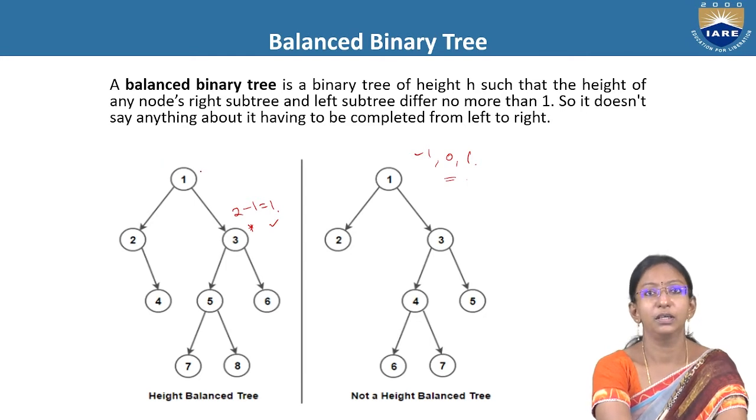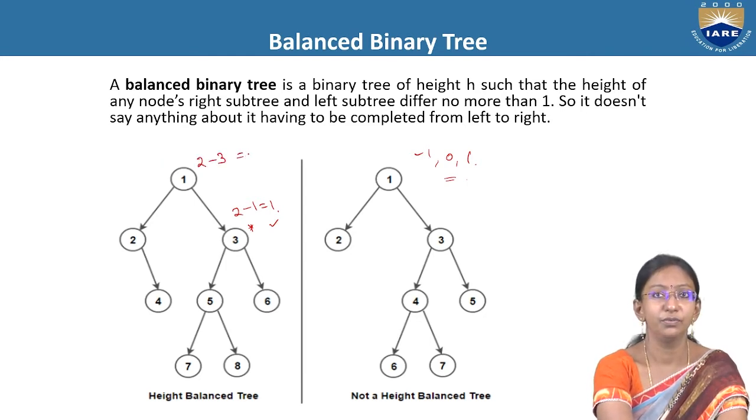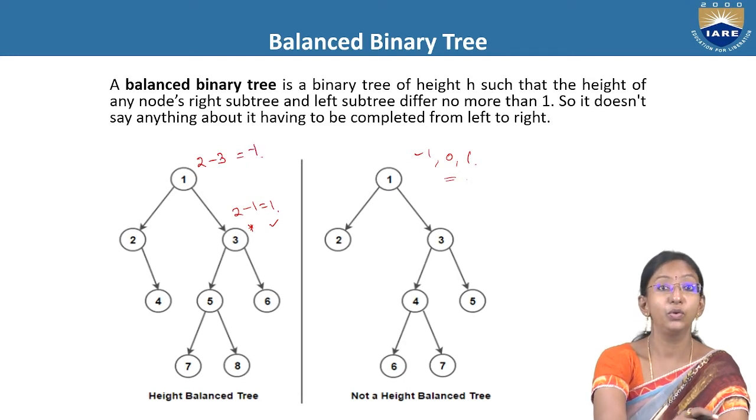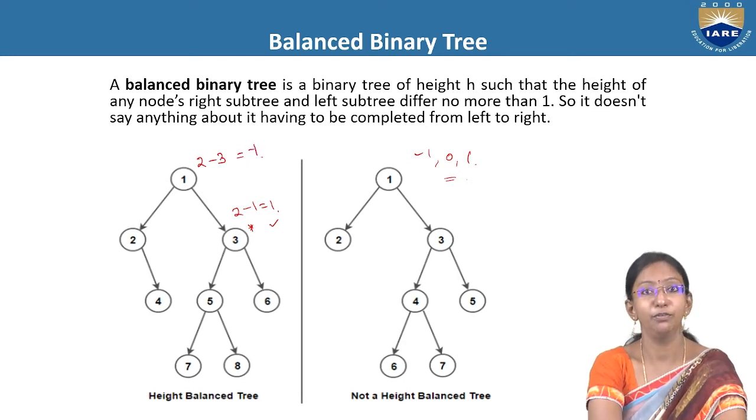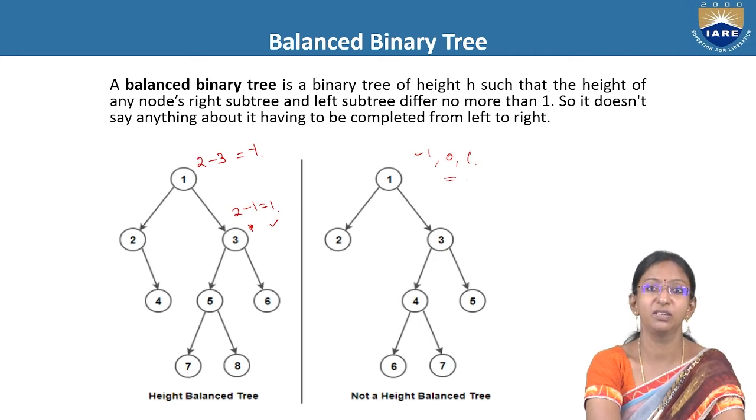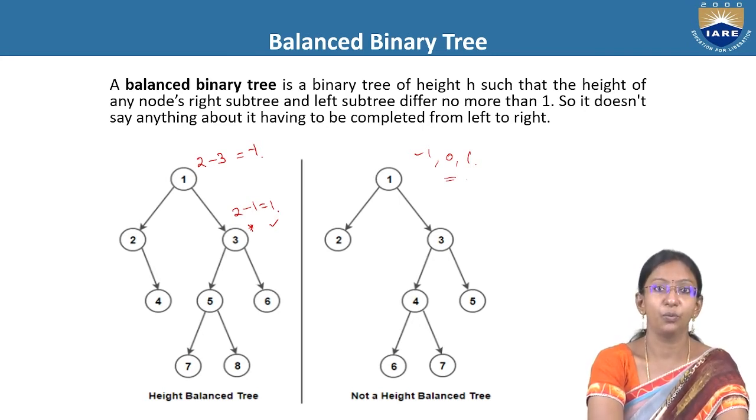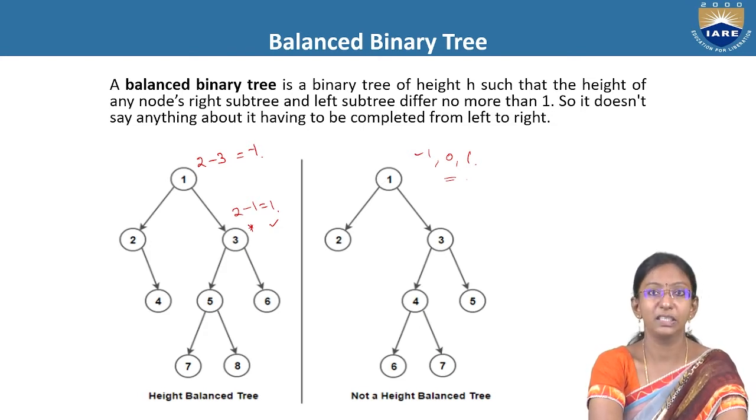For the root node, the height of its left subtree is 2 and the right subtree is 3. The difference is minus 1. Fine. You need to calculate for all nodes. By default, the balance factor of leaf nodes is 0. If the balance factors of all the nodes are either 0, 1 or minus 1, then we call that a balanced binary tree.